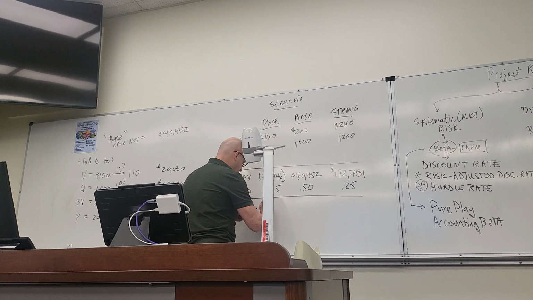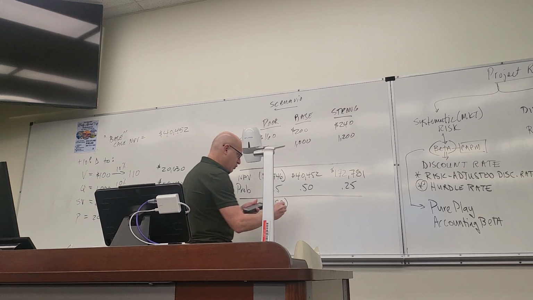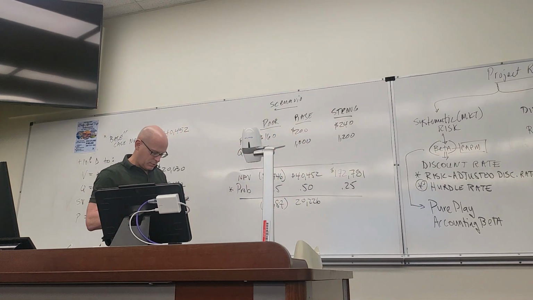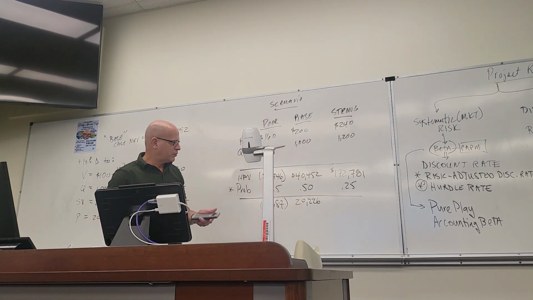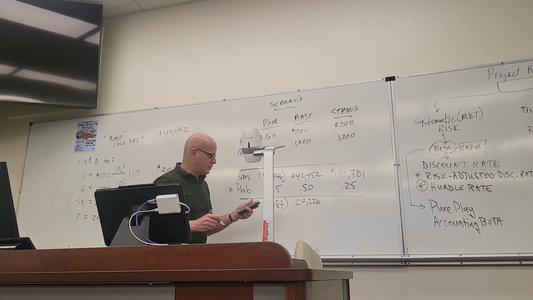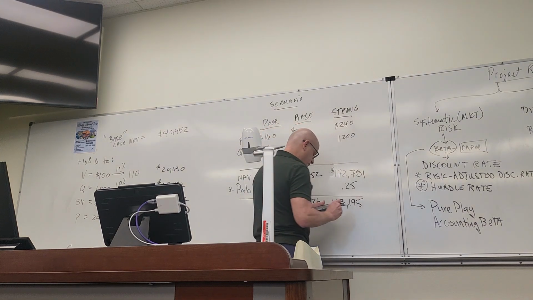This is going to be minus 14,687, first one. The second product is going to be 20,226. The last product over there is going to be 43,195.